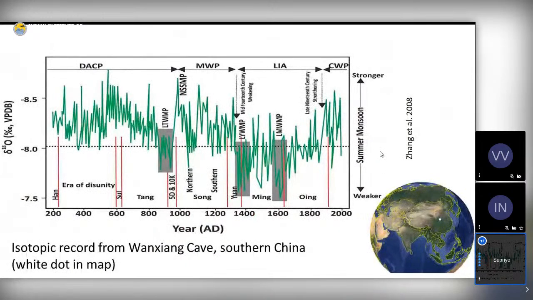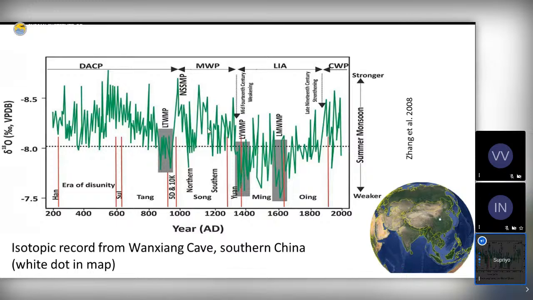Now this is another example of a speleothem-derived isotopic anomaly from a cave in central China, which is shown here as a white dot. This is the Wanxiang cave in southern China, and it shows the various rainfall events.